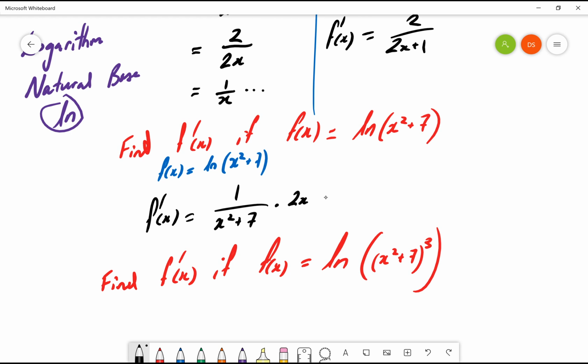So that simplifies to 2x over x squared plus 7. And so there's some cool notation that we could use that I probably will use later, but I'll do one more and then I'll use that notation.